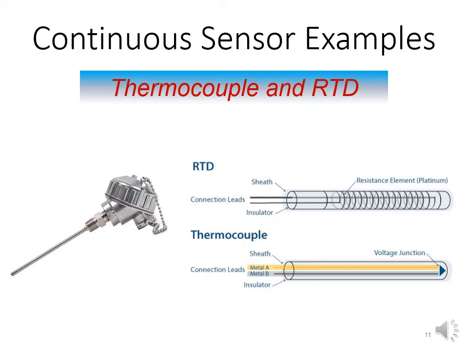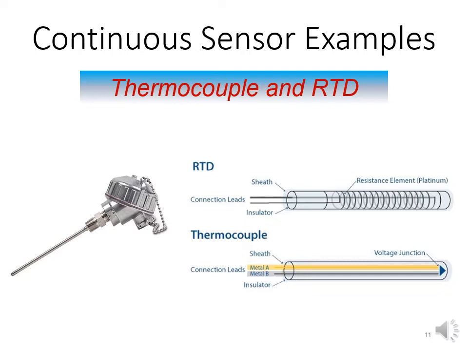Also, these sensors have inbuilt signal conditioners so that generally they give the output as a current in the range 4 to 20 milliamps. 4 milliamps will correspond to the lowest temperature measured by the sensor. 20 milliamps corresponds to the highest temperature measured by the sensor.